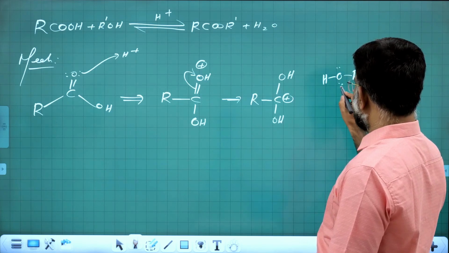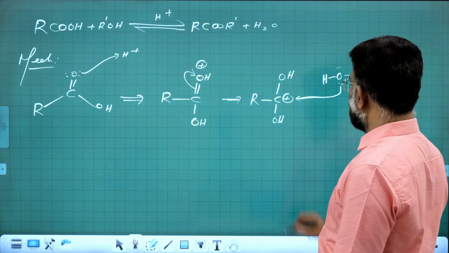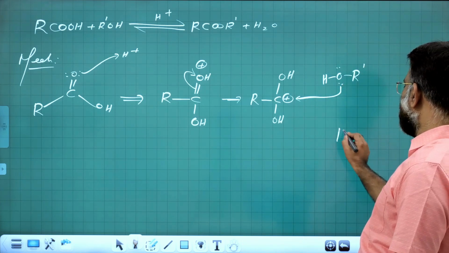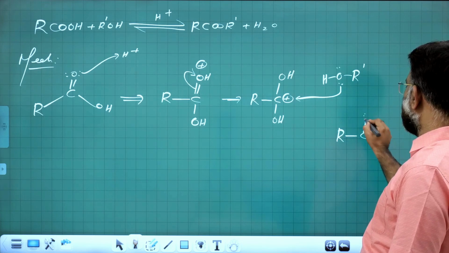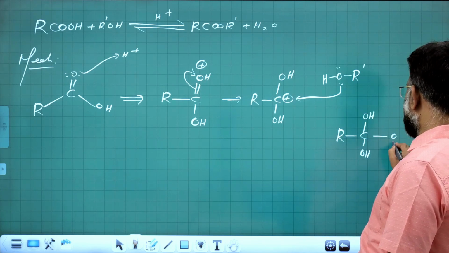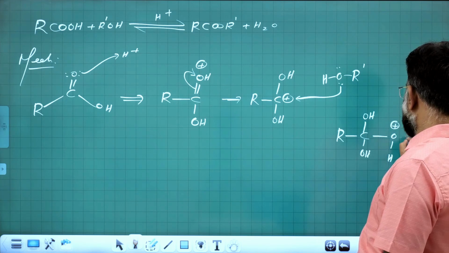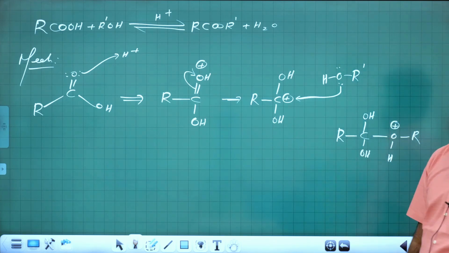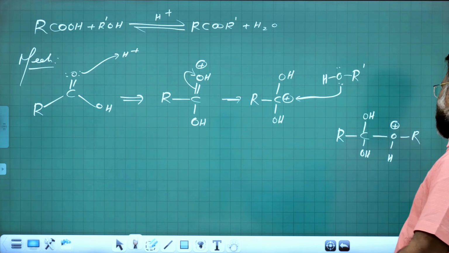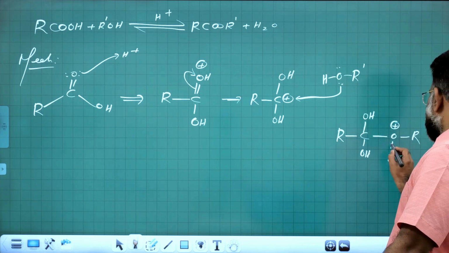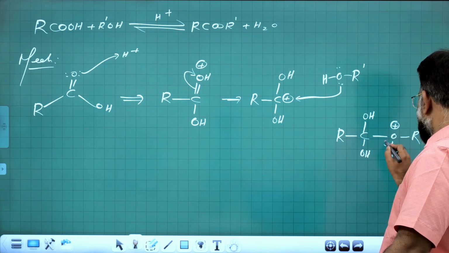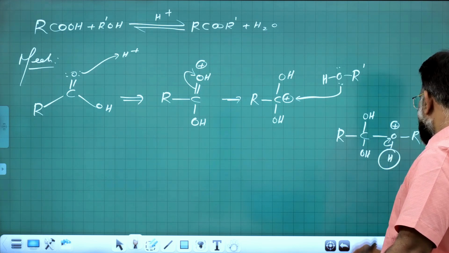The oxygen of the alcohol molecule will go for a nucleophilic attack, and the result will be RC(OH)(OH) with OH+R'. You get it like this. Now this H+ will be released, this bond will be shifted to oxygen, and the H+ goes out.